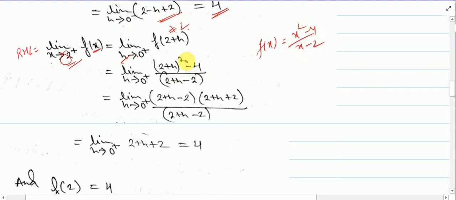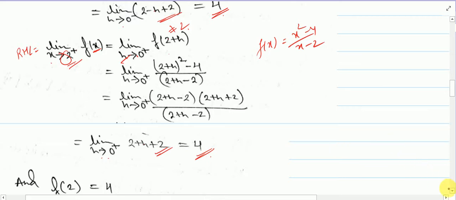Again this is like a square, this 4 can be written as 2 square, so it's like a square minus b square. You can just factorize it, and you'll see that one term from the numerator will cancel the denominator, so you are getting this. Now if you put h equal to 0, then you are getting 4. So here you saw that your left hand limit and right hand limit came 4.